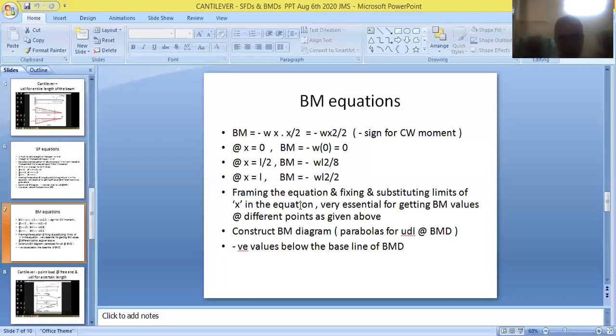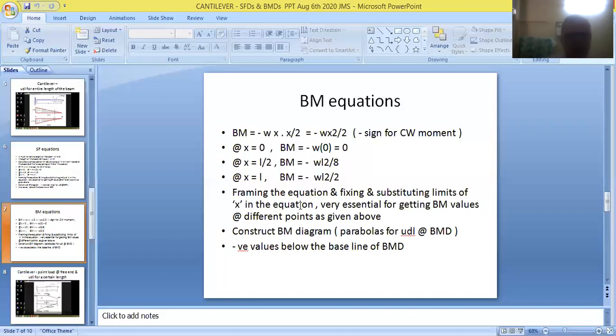So friends, using these fundamentals, we are in a position to frame this bending moment equation. As usual, fix the limits of x values. Lower limit as 0 and upper limit as L meter, and the middle limit can also be chosen. It can be taken as L by 2 meters. All these things are measured from right end of the beam.